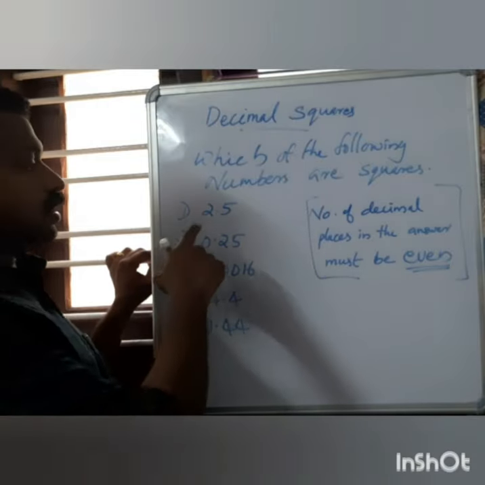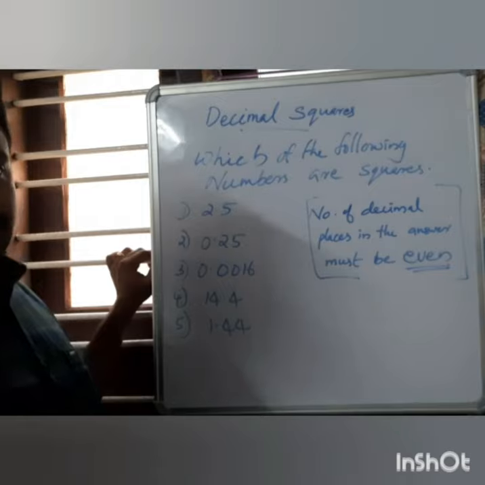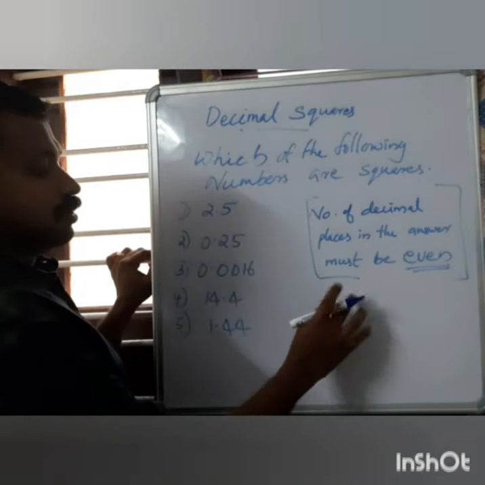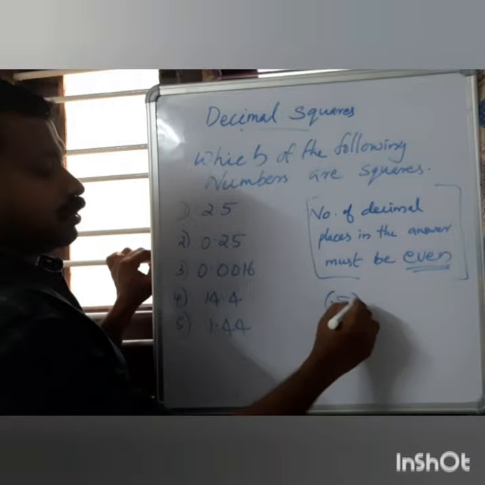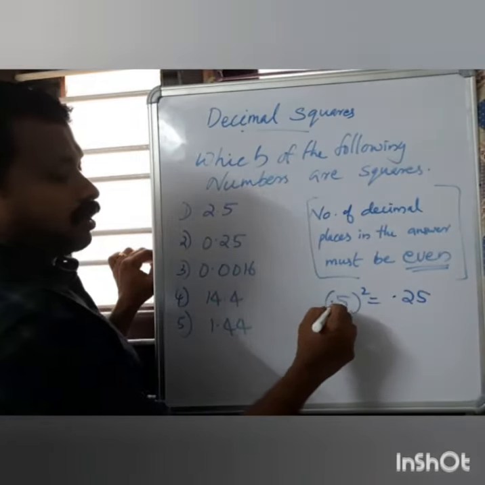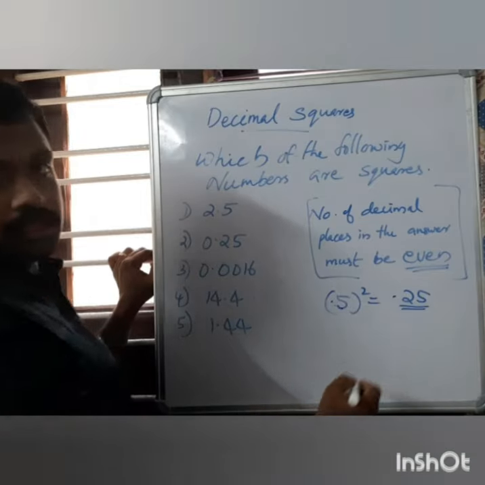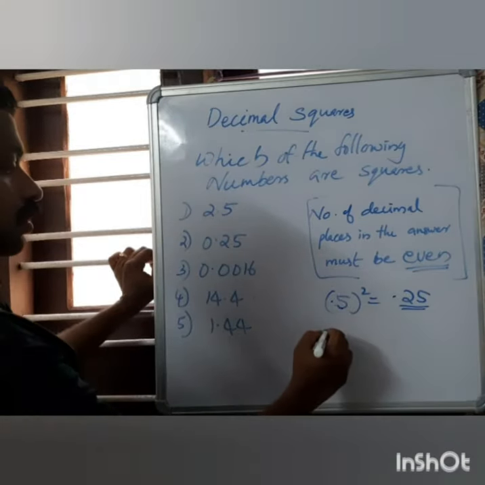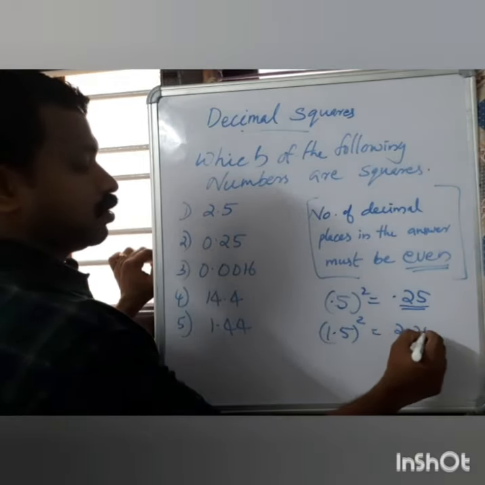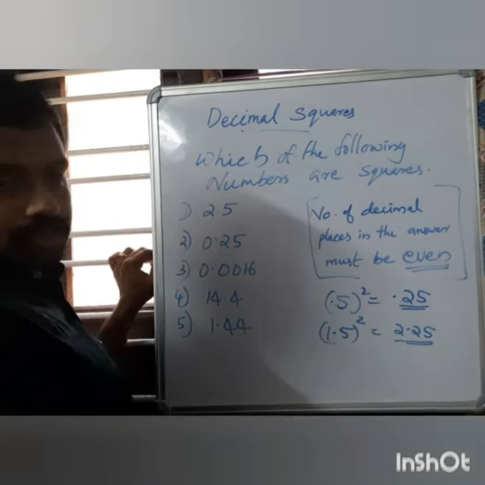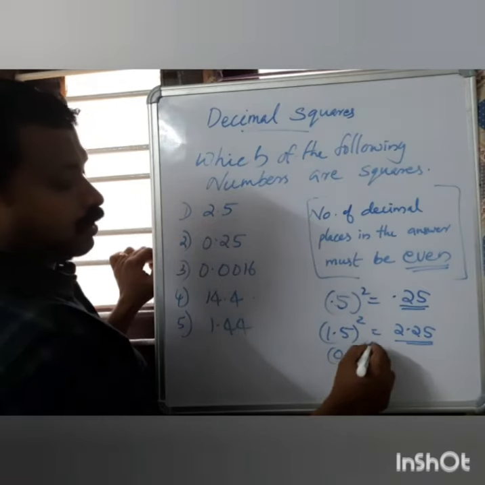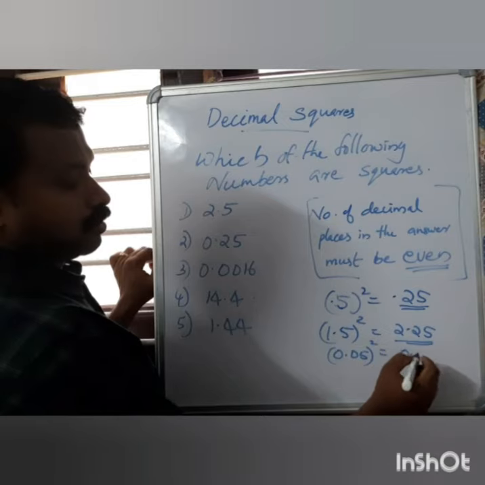So we studied earlier decimal places. If there is one decimal place, 0.5 square you wrote as 0.25. So here one decimal, then in the answer there should be two decimal places. This 1.5 square is 2.25. Here also two decimal places. 0.05 square is 0.0025.